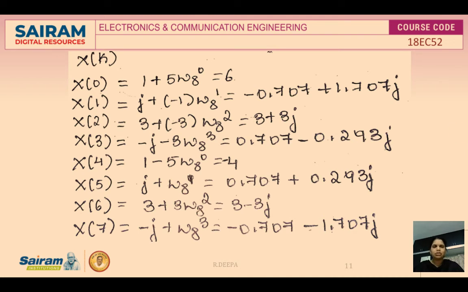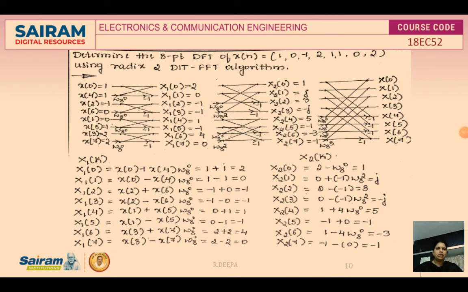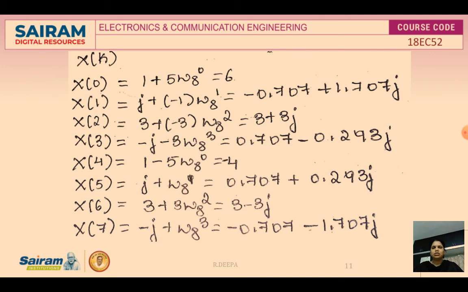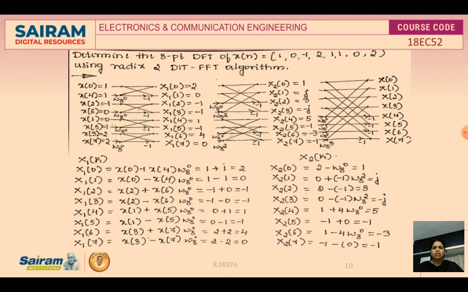And if you observe the flow diagram, our output will be in normal order. X of k will be available in the normal order. In the same way, you can do the other set of problems also, provided it is given to solve using the radix 2 DIT FFT algorithm. So the one thing you need to concentrate on here is the flow diagram has to be drawn properly and it should be very clear.